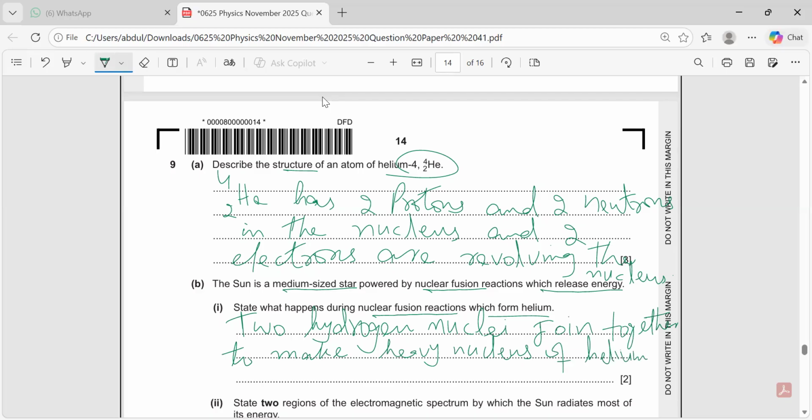That is more than enough for 2 marks, but you can even write at very high temperature. Also, you can write with release of energy. That is enough for 3 marks.